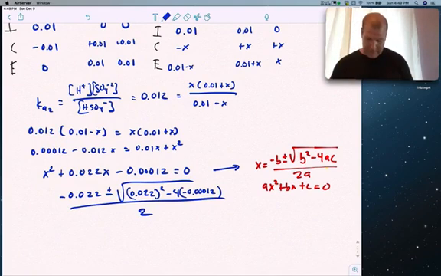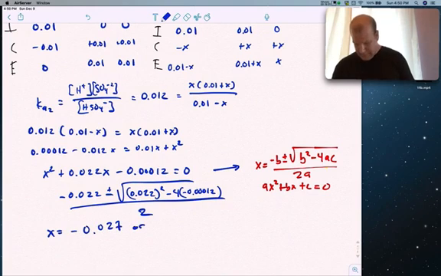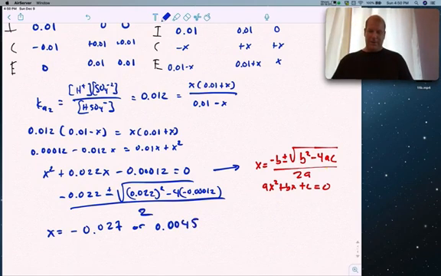So x would then be equal to minus 0.027 or 0.0045. So you can't have a negative value there, so we pick this one as the proper solution.